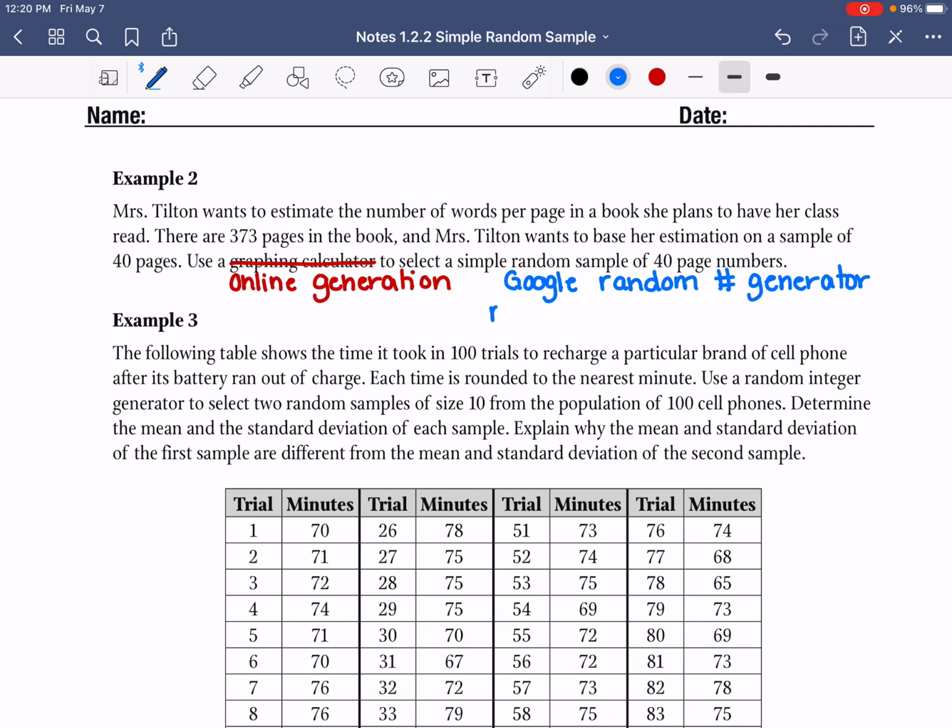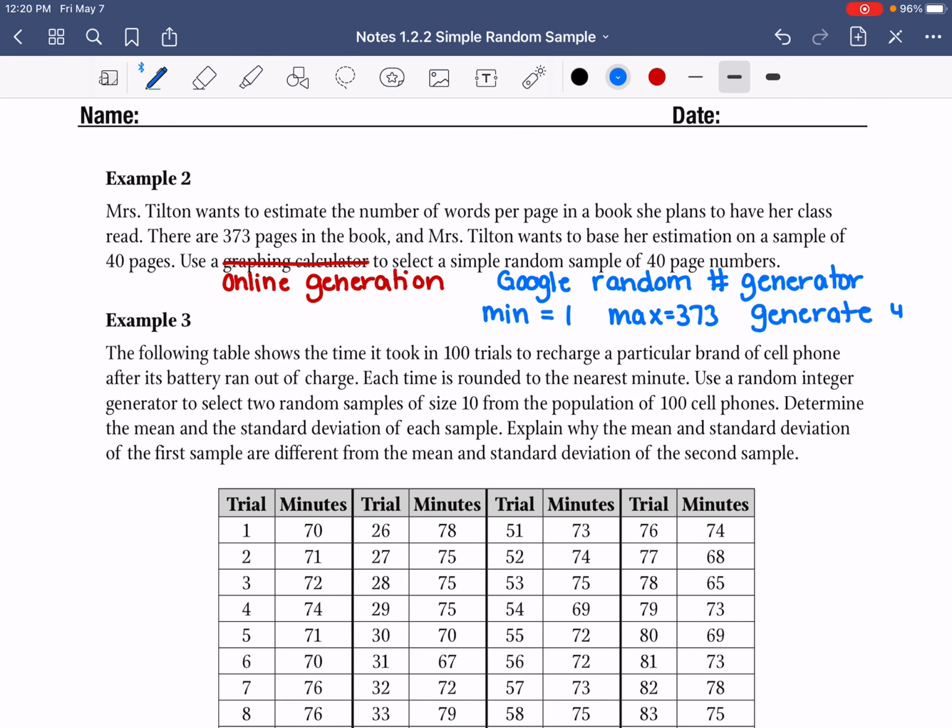You do your minimum as the number 1, maximum of 373, and then just generate 40 numbers. So I'm not going to make you guys actually generate 40 numbers and list all of those down. That would be a long time.